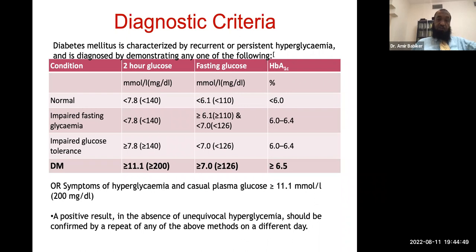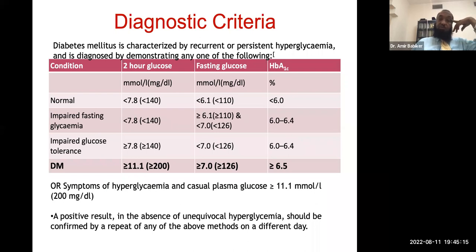From 5.8 up to 6.4 is the pre-diabetic state, whether impaired fasting glycemia or impaired glucose tolerance. Above 6.5% this is diabetes. Of course, you cannot use hemoglobin A1C if there is hemoglobinopathy.